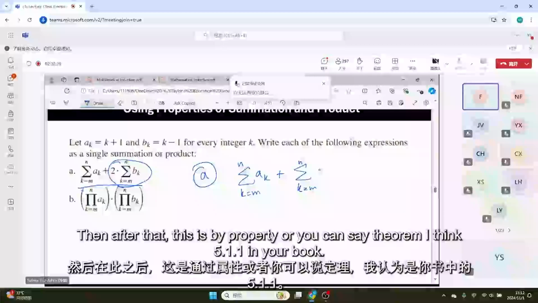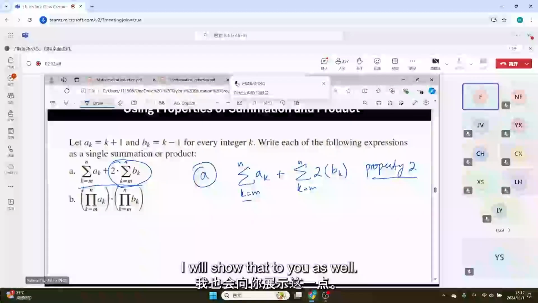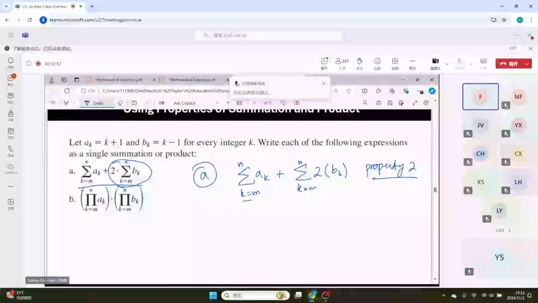So 2 into b of b, okay, like this. Then after that, this is by property 2, or you can say theorem, I think 5.1.1 in your book. So I'll show that to you as well.